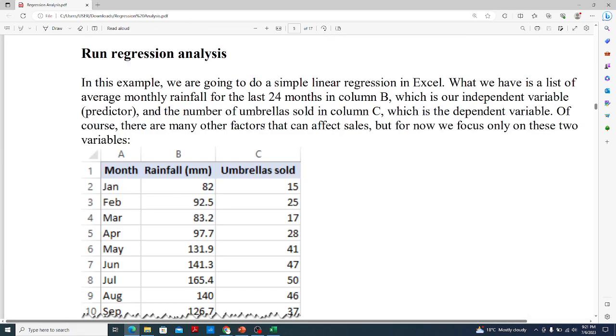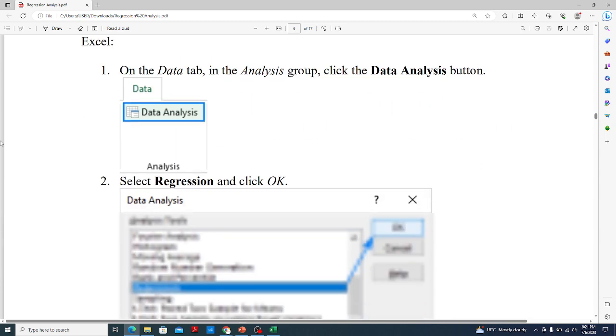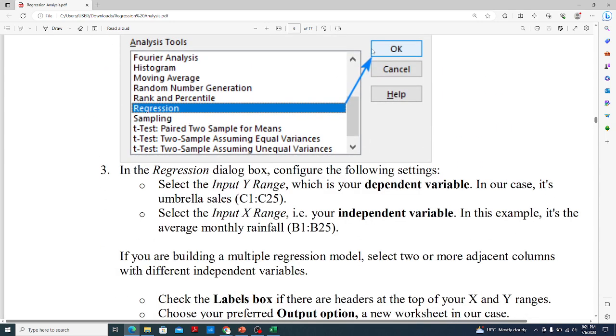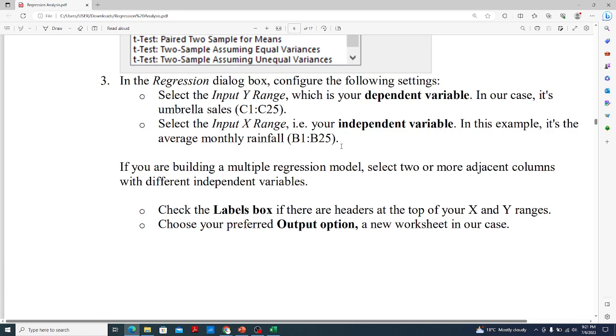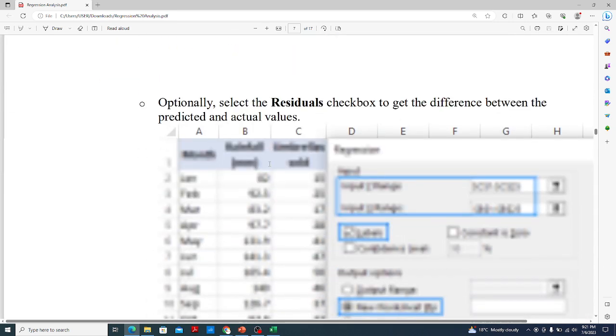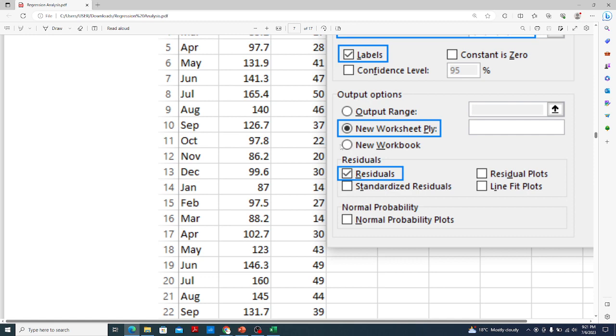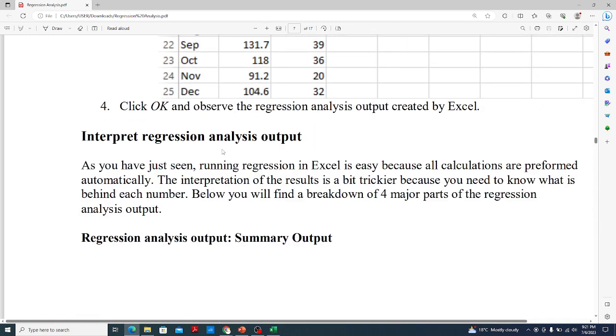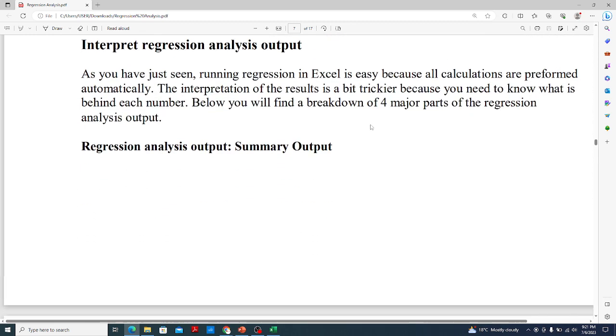I still have that documented. Then how to perform the regression, we still have that instruction as well. If you also want the residuals, then you click OK.